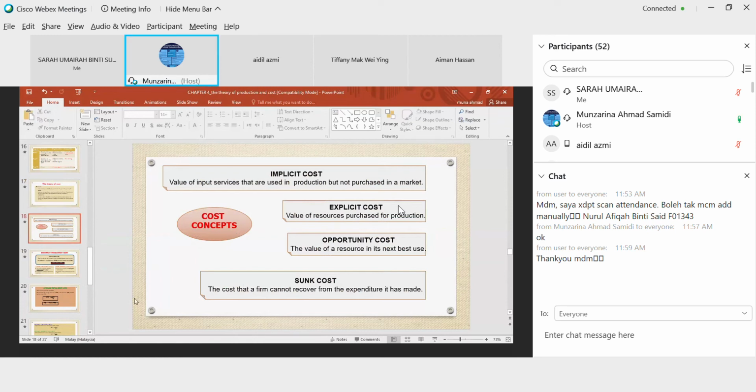So first you need to understand what is implicit cost and explicit cost.